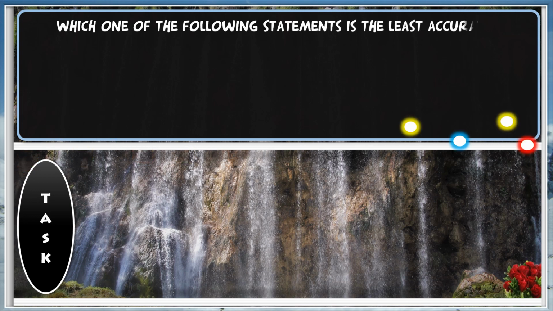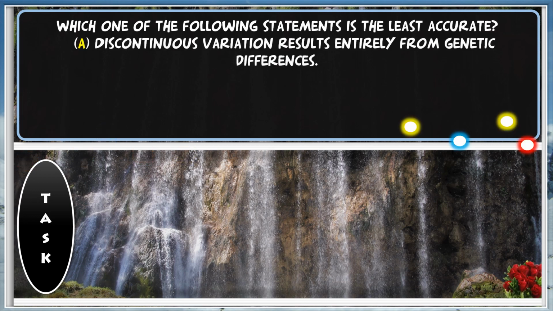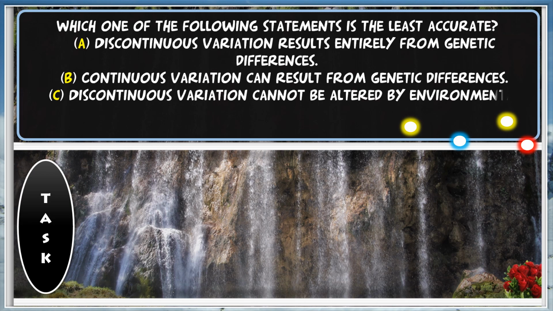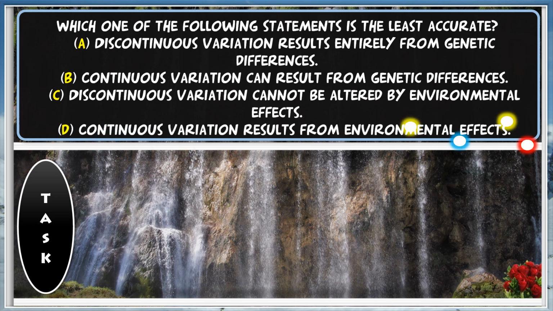Which one of the following statements is the least accurate? A. Discontinuous variation results entirely from genetic differences. B. Continuous variation can result from genetic differences.